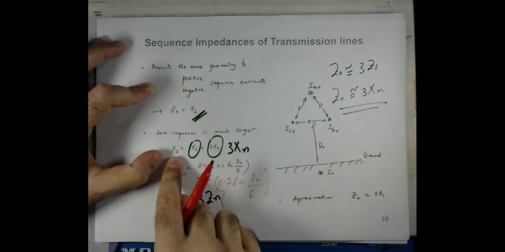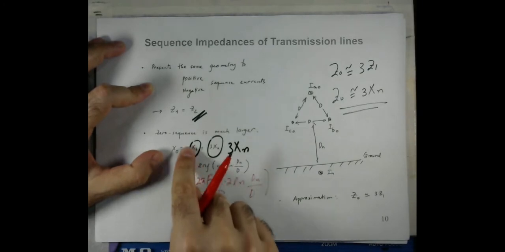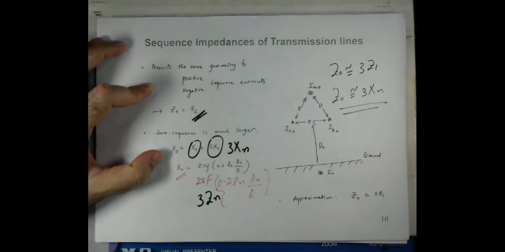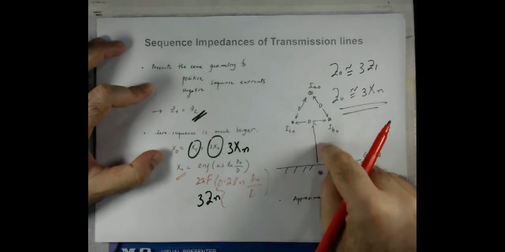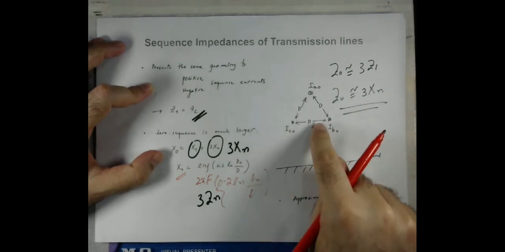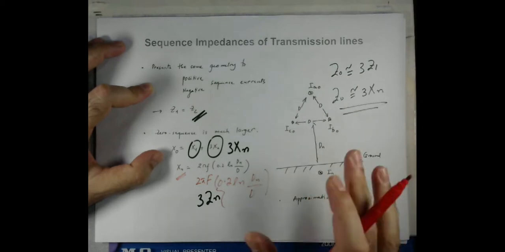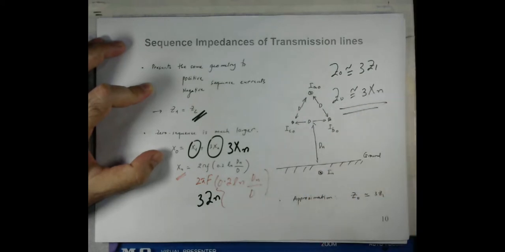So x0, which is the zero sequence impedance, is a sum of x1, which is the inductive reactance representing positive sequence, plus 3xn, and we have already discussed this factor 3. And xn, which is the impedance to the ground, is equal to 2 pi frequency 0.2 natural log of dn over d, where dn is the distance of the transmission line to the ground and d is the distance between the transmission lines. And then I also discussed that z0 is approximately taken as 3xn, where xn is the inductive reactance to the ground.